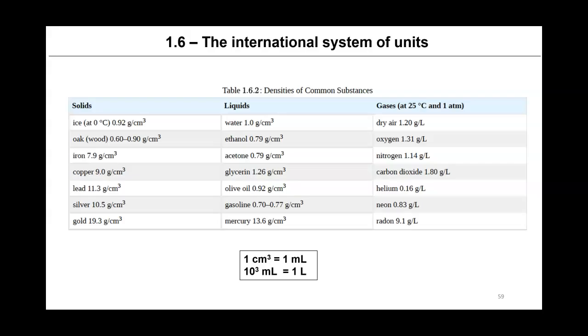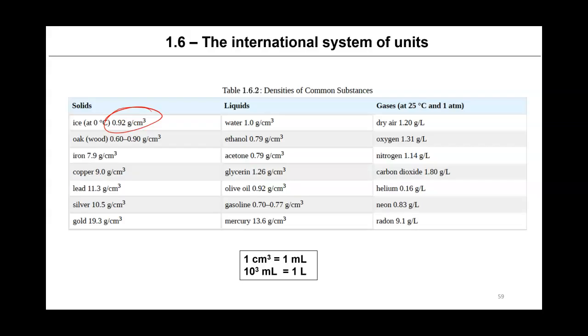When we look at densities, we're going to notice a few things. Solids tend to be, in general, much more dense than liquids, and liquids, in general, tend to be much more dense than gases. So gases tend to be our least dense phase of matter, then liquids are the second least, and then solids tend to be the most dense phase of matter.